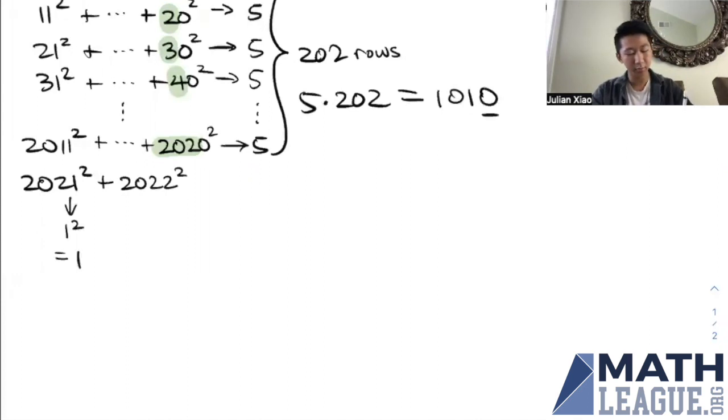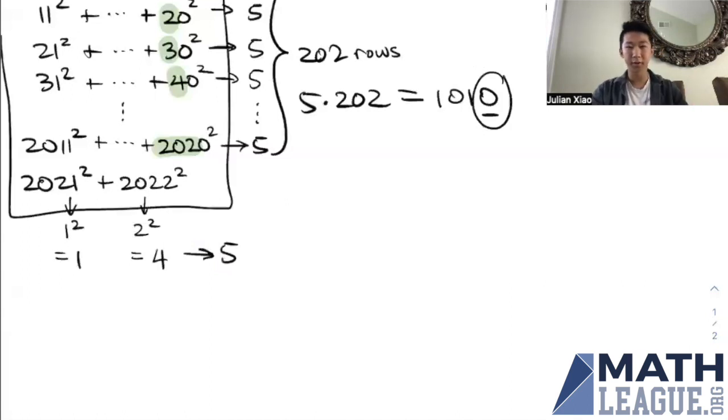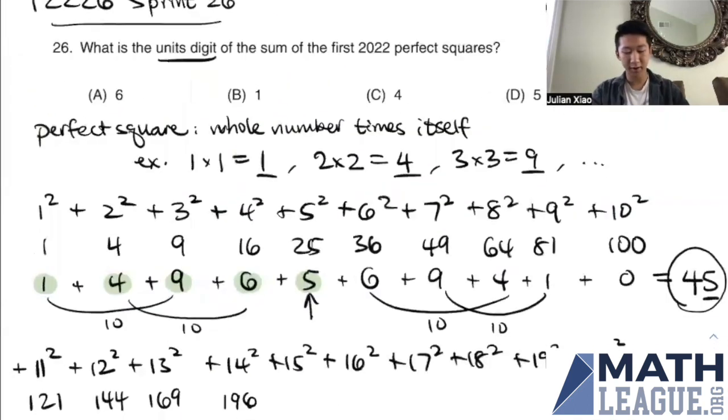So 2021 squared ends in a 1, and 2022 squared ends in a 4. So together, this adds up to 5. And if you add this with our 0 from before, this means that all of these numbers from 1 squared to 2022 squared have a units digit of 5. And so that is our final answer.